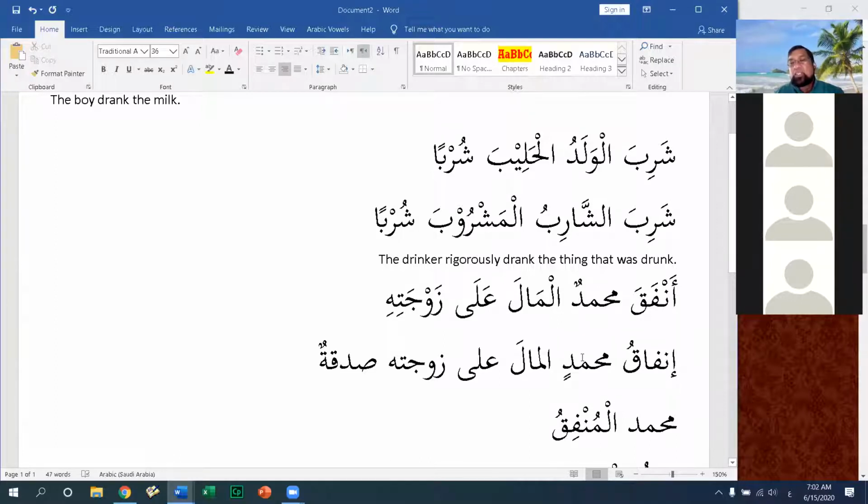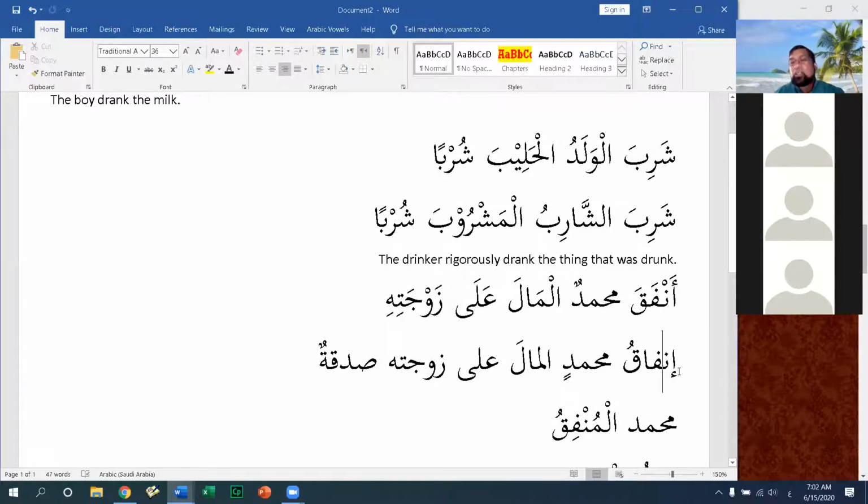But then I associate the masdar to Muhammad by means of idafa. So the way we translate is the spending of Muhammad, or Muhammad spending the money on his wife is sadaqah. Are you following me? So all of this becomes the mubtada.